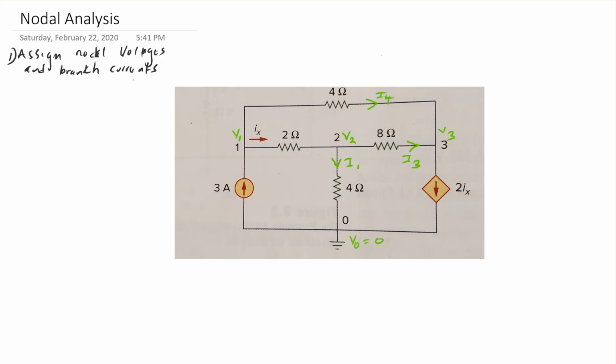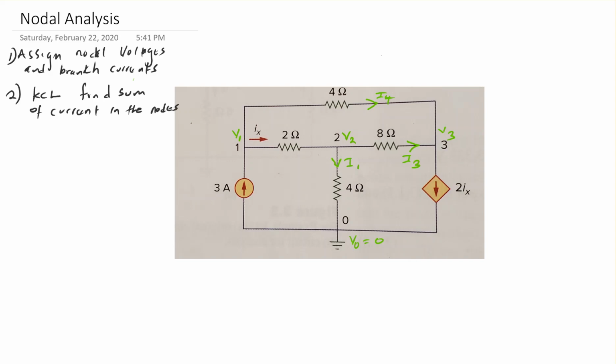The second step is to use KCL, Kirchhoff's current law, to find the sum of current in each of the nodes.